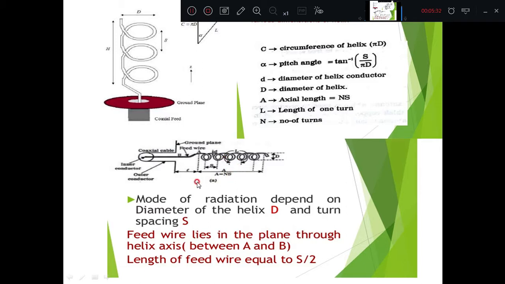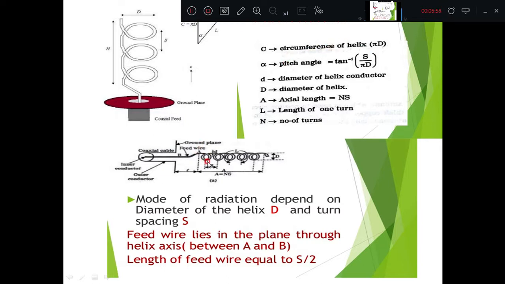If you multiply the number of turns by the spacing between the two turns, that gives the axial length. And for each turn, we can mark the diameter of the helix by capital D, and small d denotes the diameter of the helix conductor, right? So this is the outer conductor, and C is the circumference of the helix.